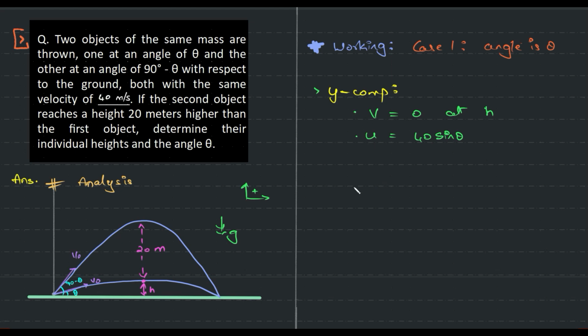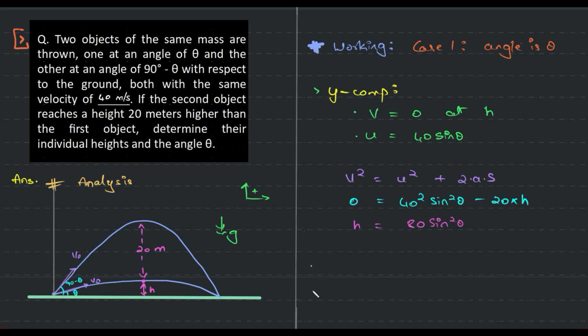So we can make use of v square is equal to u square plus 2as, because we need to figure out h. So 0 is 40 squared sine square theta minus 20 h, I'm assuming g as 20. So h will be equal to 80 sine square theta. So that would be our h.